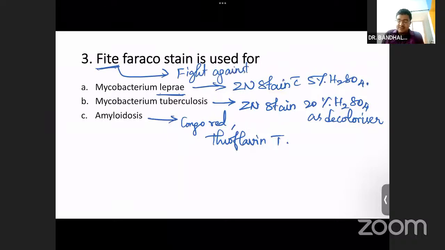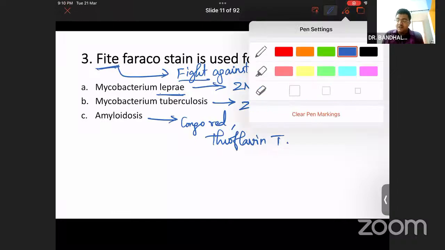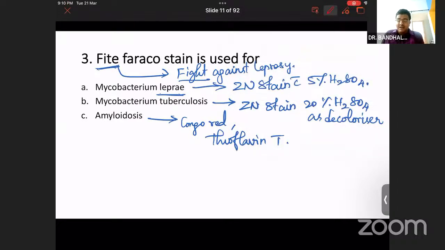So you can remember fight and Fite. Also, 5% is what you are using now, so you can remember it this way too. So the answer here is Mycobacterium leprae.